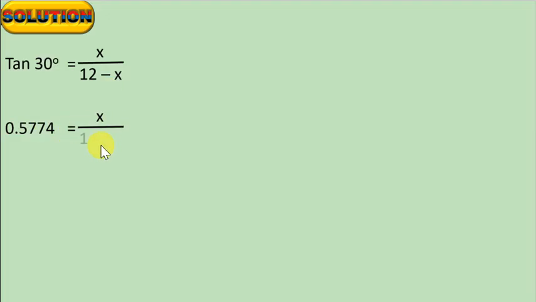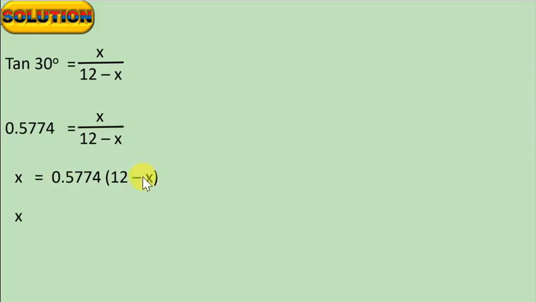So we have this. Tan 30 degrees will give me x over 12 minus x. So now we put in the value of tan 30 degrees as 0.5774. And that will give me x over 12 minus x. We'll cross multiply. We have x will give me 0.5774 into 12 minus x.